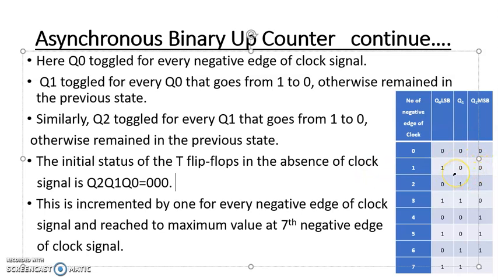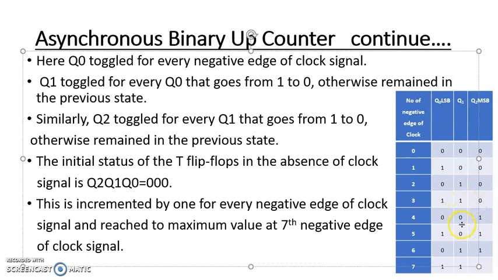When Q1 changes during the second clock pulse from 0 to 1, which is a positive edge, it won't trigger the third flip-flop, so there is no change in the output. Similarly, when the second flip-flop output goes from 1 to 1, there is no change at the output of the third flip-flop either.